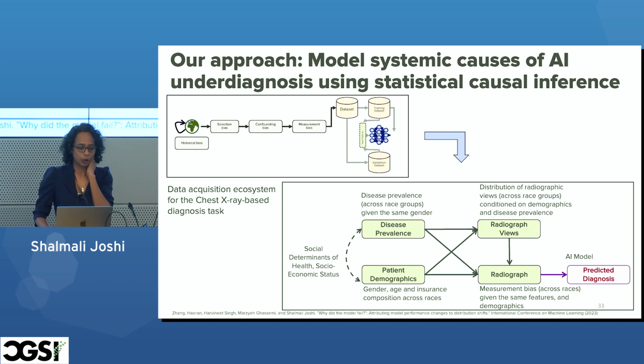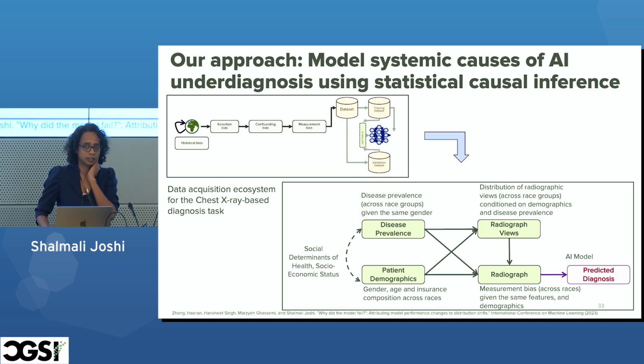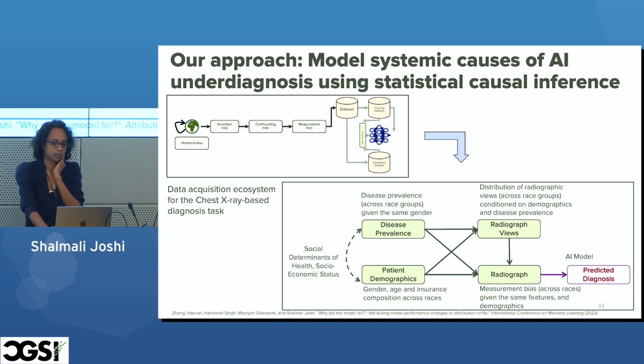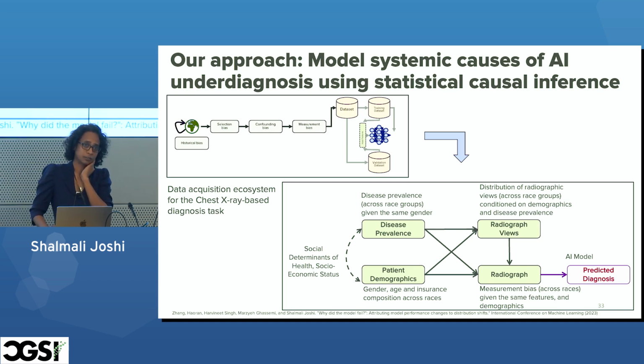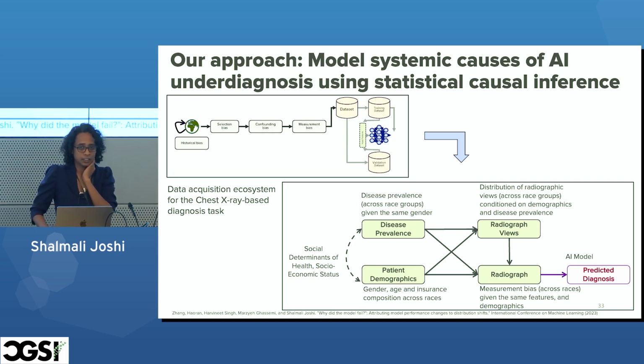So we are going to repeat this exercise now that we know how to do this. And we are going to form essentially a causal graph, if you will, of the data acquisition mechanism going towards the X-ray. So this consists of the patient demographics, which is confounded by social determinants of health with disease prevalence. All of these influence what radiographic views are collected for the patient.